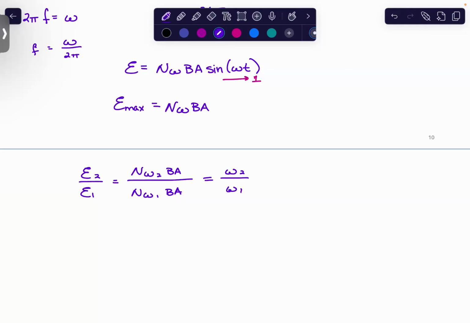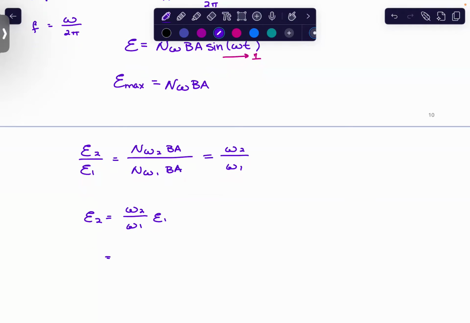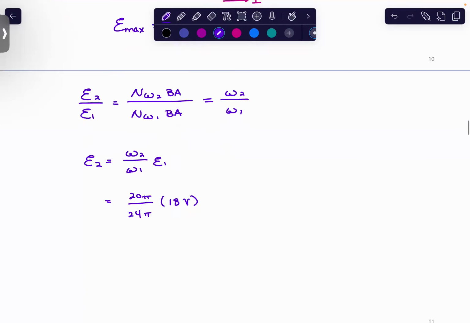Omega 2 over omega 1. Our E2 is going to be omega 2 over omega 1 times E1, 20 pi over 24 pi. Your E1 is 18 volts. So your second EMF, as the rotation drops, is 15 volts.